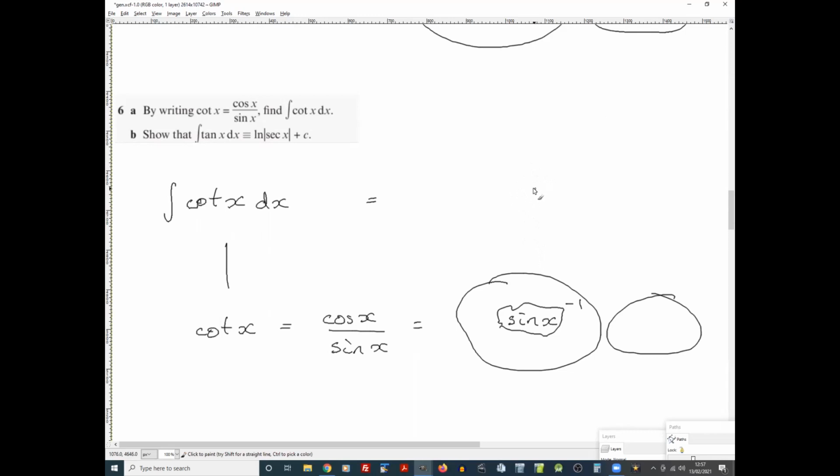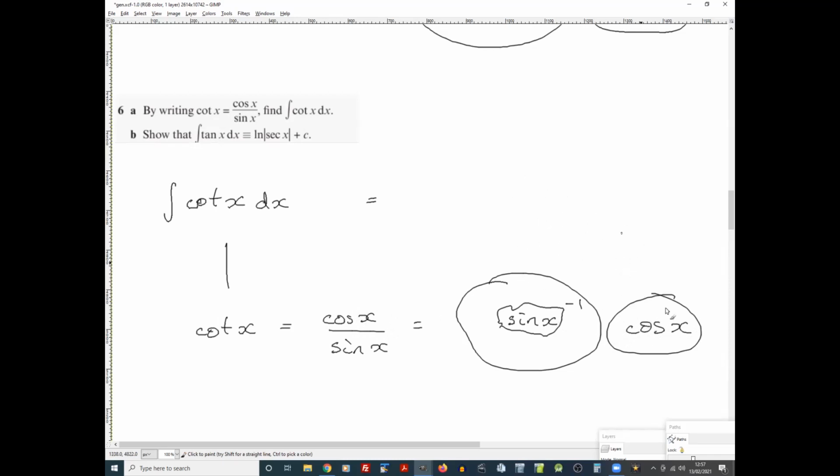And then the other blob will be cos x. Get into the habit of not worrying about that, because it should come out in the wash. What you're saying is not wrong.